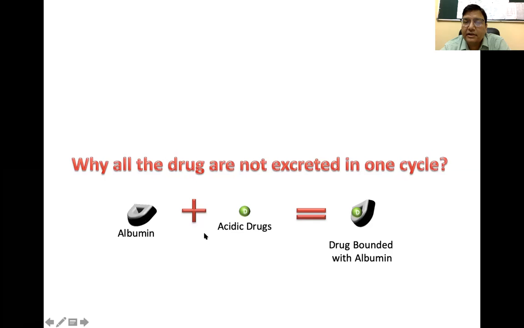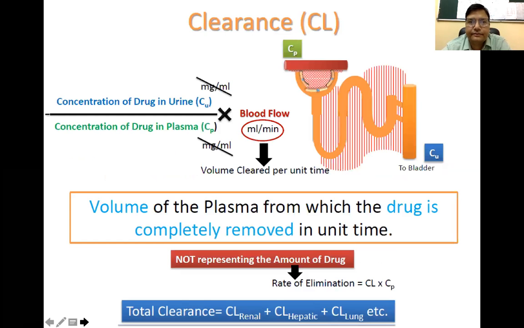These bound drugs remain inside the blood vessels, and free drugs are slowly released from the bound sites. So these drugs last for a longer duration, and it takes multiple cycles of being presented to the kidney to help in their excretion.